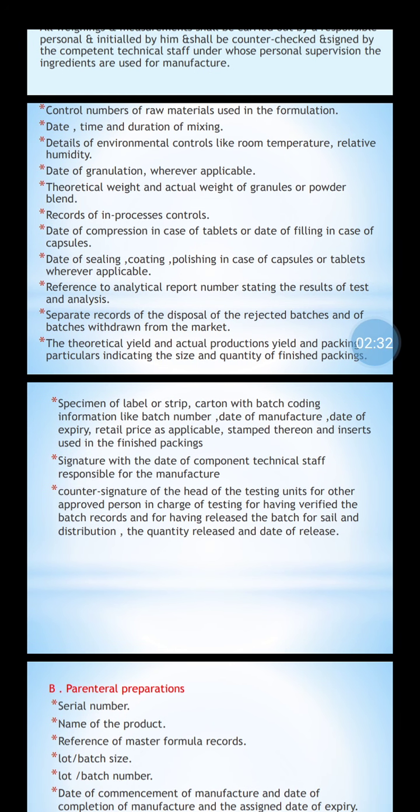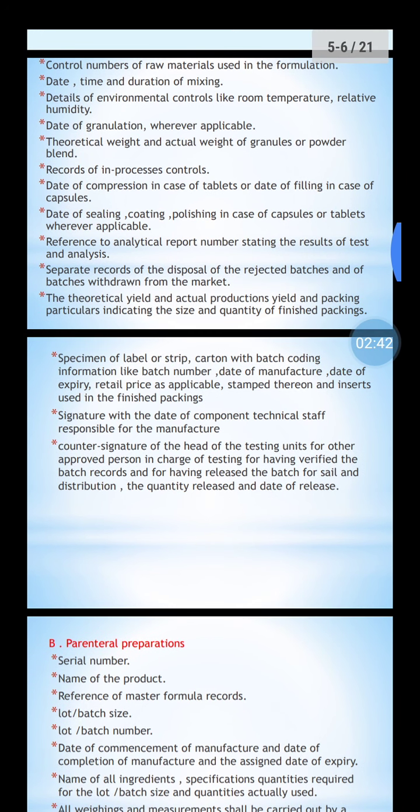Then references to the analytical reports, number and the results of the analysis, separate records of the disposal of the rejected batches and of the batches withdrawn from the market, the theoretical yield and actual production yield, and packing particulars indicating the size and quantity of the finished packing.